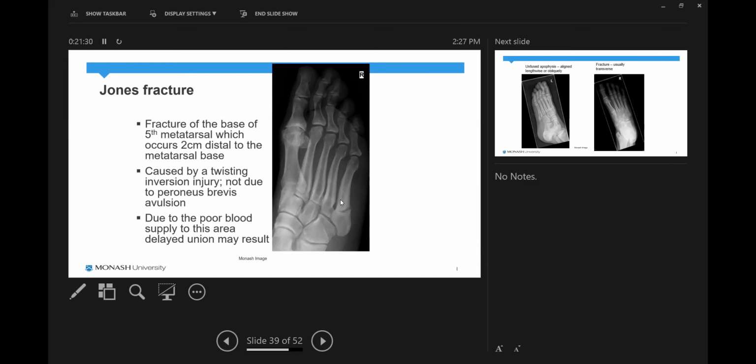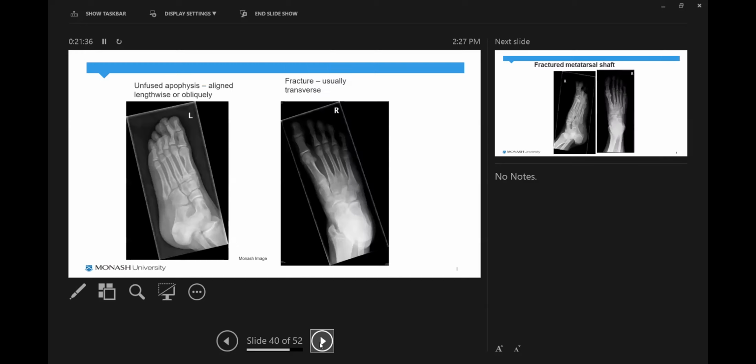The one complication is that there's poor blood supply in this area, and it may result in delayed union of the bone. Now, it can be tricky to distinguish whether you are looking at a normal variant, which would be an unfused apophysis at the tip, or whether you're looking at a true fracture. If it's a fracture, the fracture line is normally transverse.